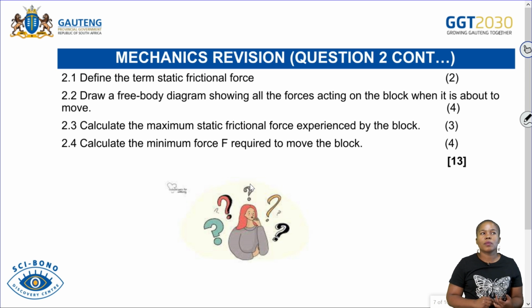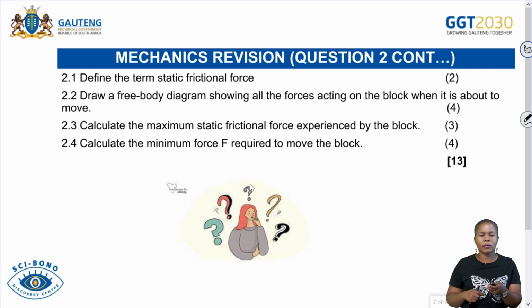Remember the hint I've given you: the mark allocation for the free body diagram or force diagram, or whatever is asked of you, is usually an indication of the number of forces. If they say 4 marks, it is usually an indication that there are 4 forces. So whenever you draw, and maybe you draw 3, you should know that there is 1 that you are missing.